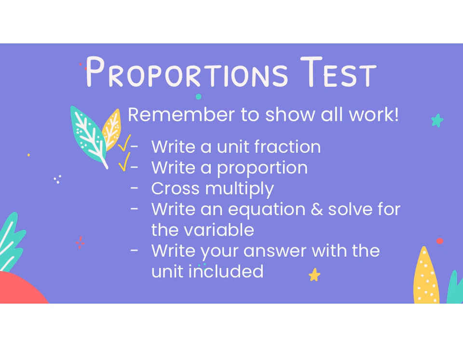On all problems, remember to cross multiply and write an equation, and then divide on both sides to solve for the variable. If you have a word problem, remember when you're writing your answer to write your answer with the unit included. You may now begin your proportions test.